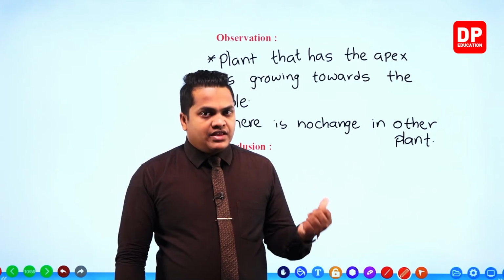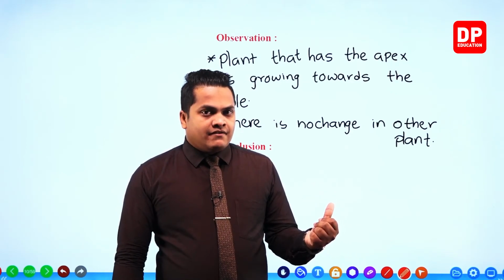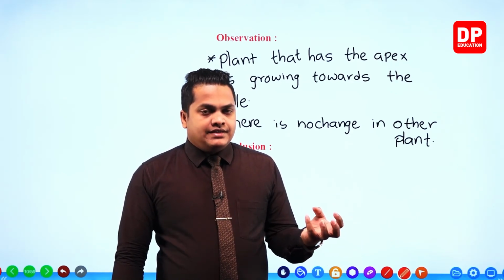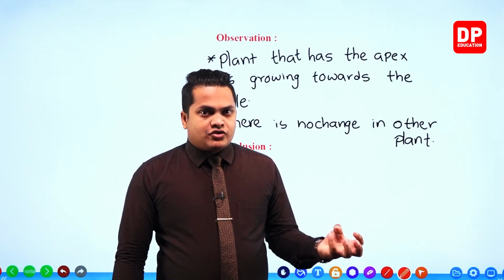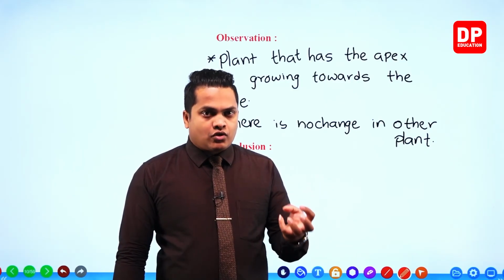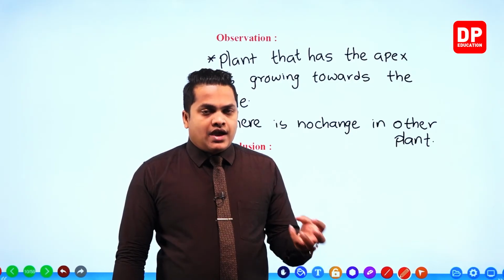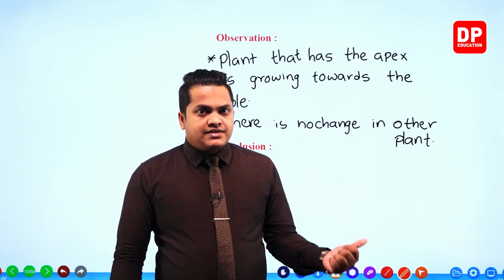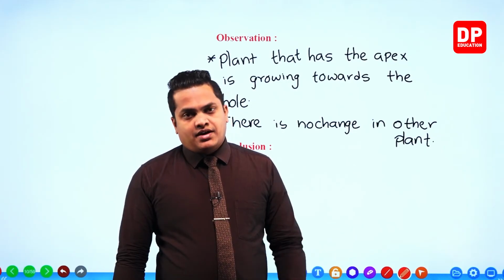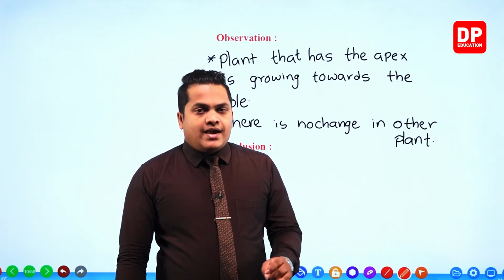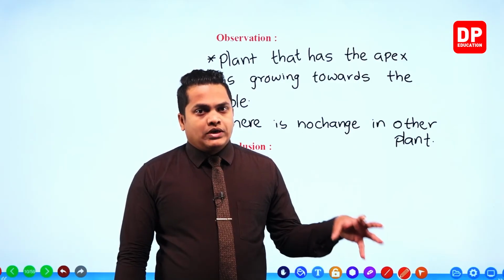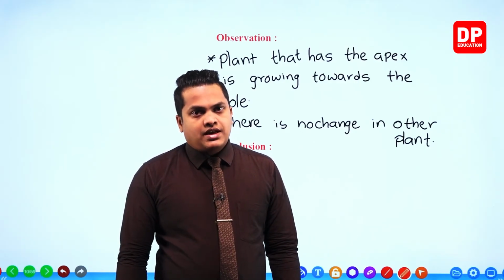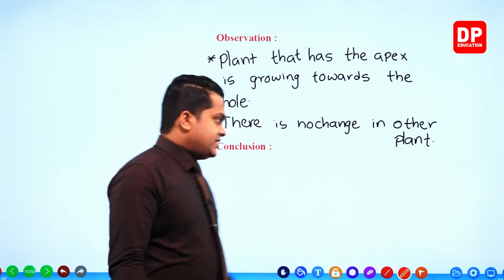So by doing these two activities, we proved that there is a direct relationship between the growth of the plant and the apex of the plant. If there is an apex, then the plant is going to grow, and the apex is always growing towards the light, towards the sunlight.